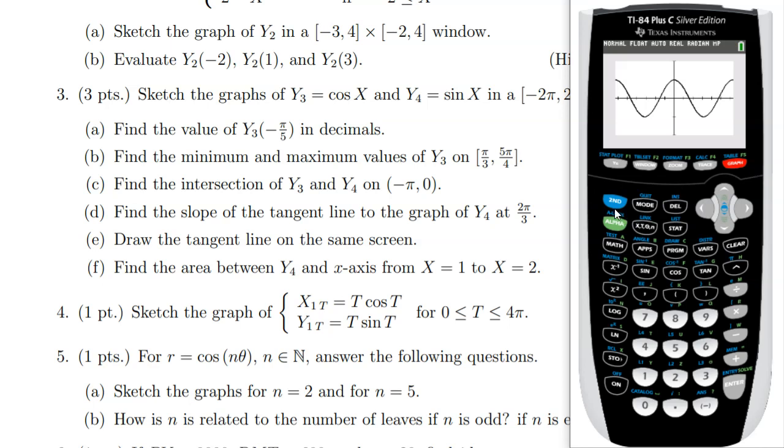So we probably need to go to second trace. Let's do a minimum, so you have 3. Minimum value: left bound is pi over 3, so we do pi over 3 and enter.